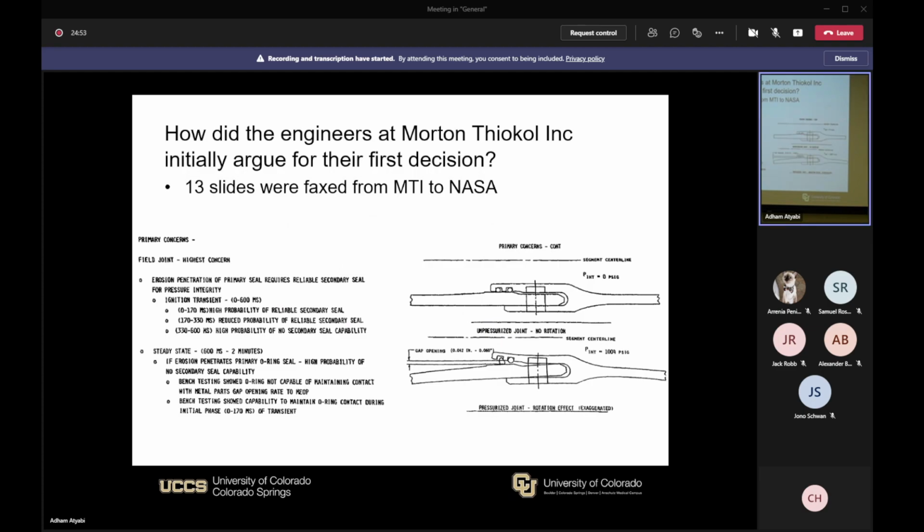Then the next chart describes how erosion in the primary O-ring interacts with its backup, the secondary O-ring. Then two drawings at the right make an effective visual comparison to show how rotation of the field joint degrades the O-ring seal.